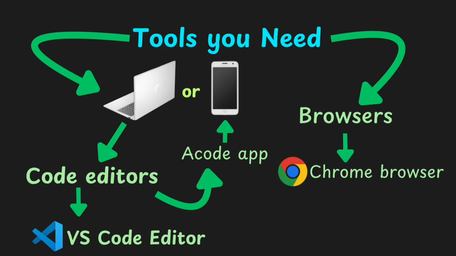I recommend downloading the Chrome browser as there are many developer tools with it. That's it for the tools you need. Now for the next section, we are going to be talking about the HTML structural introduction, which was part of our tutorial outline. So let's get into it.